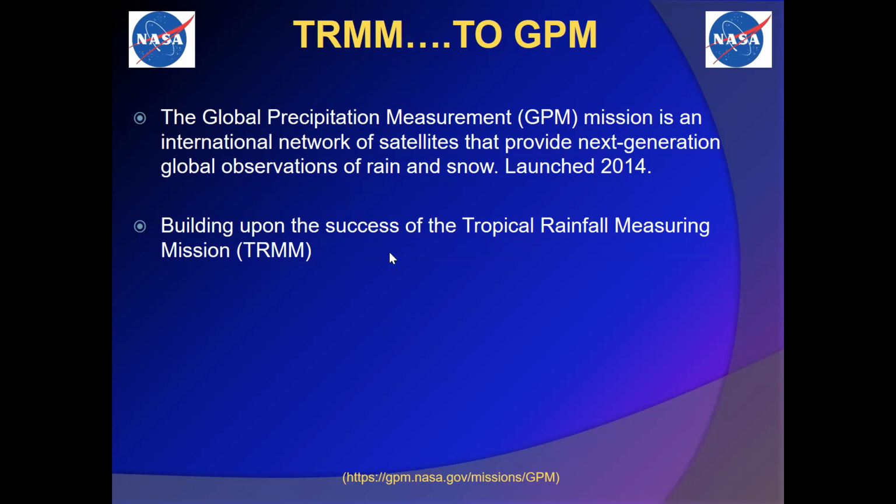So this is one to look out for if you're interested in using satellite-based rainfall or precipitation data sets. The TRMM/GPM data set is probably one of the longest running and updated data sets that are available.